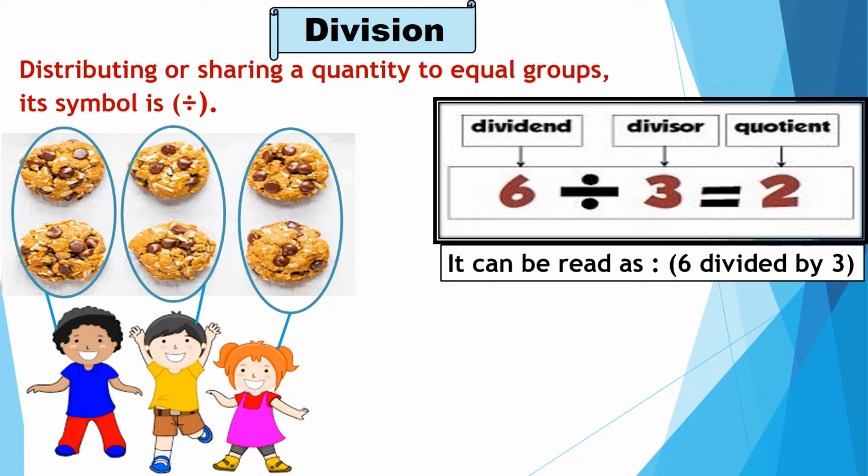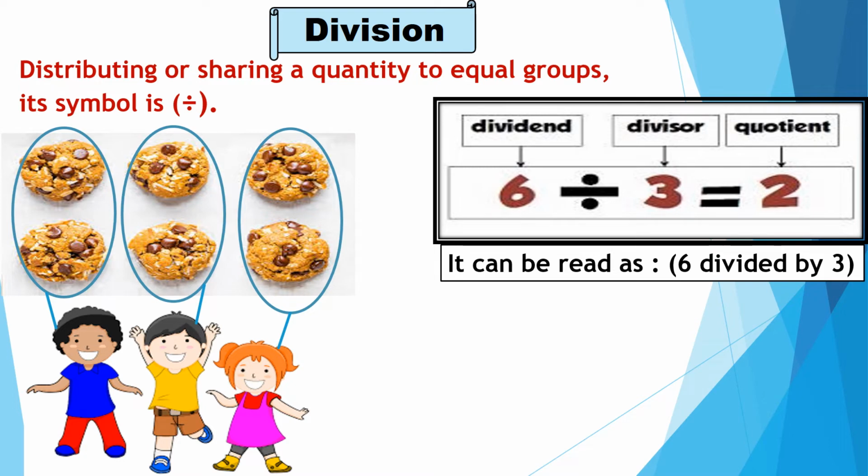And as we said in multiplication, when we multiply two numbers together, if we multiply 2 times 3 equals 6, 2 and 3 are called factors, and the result is the product. Do you remember this?